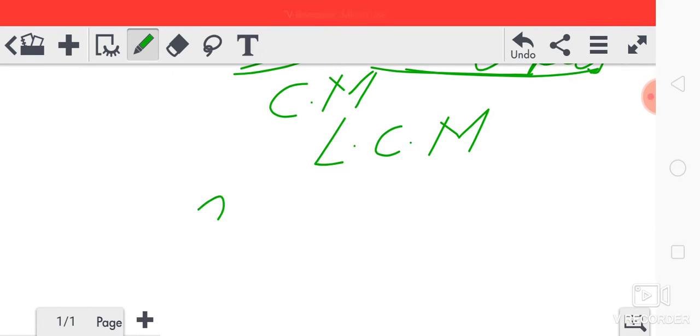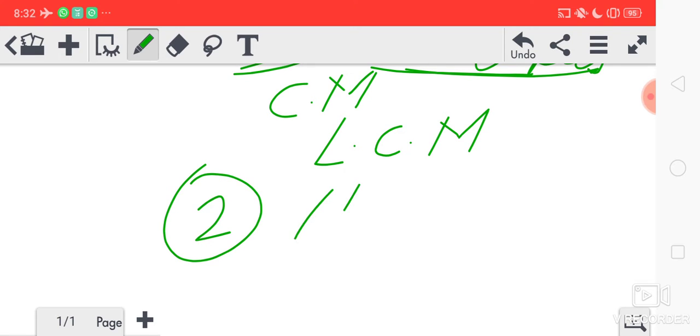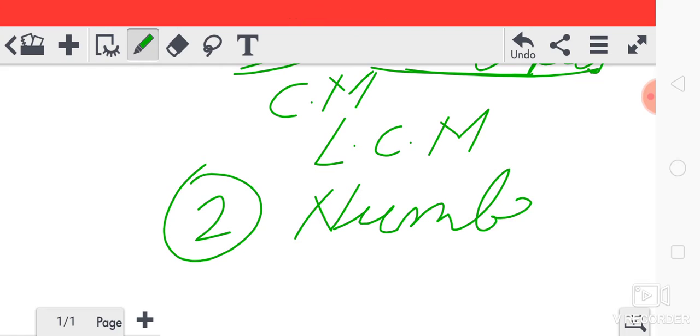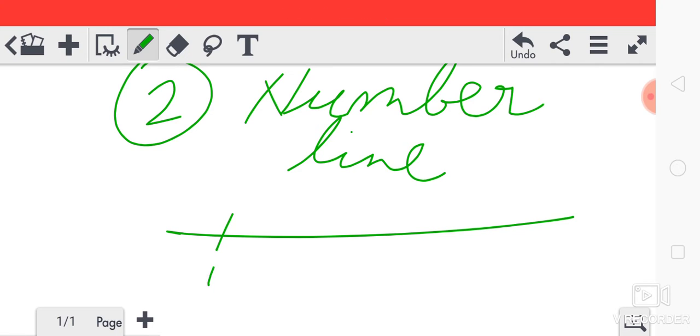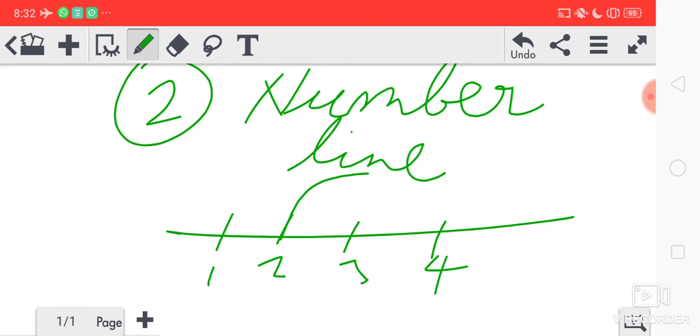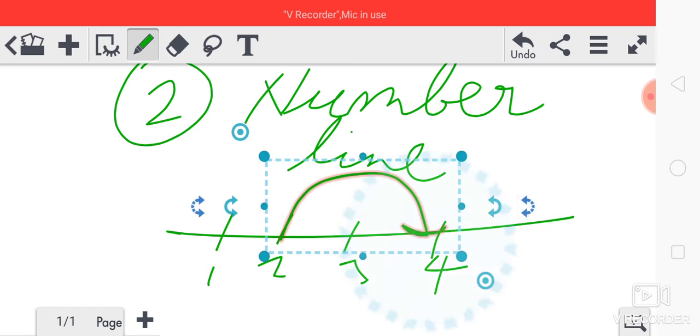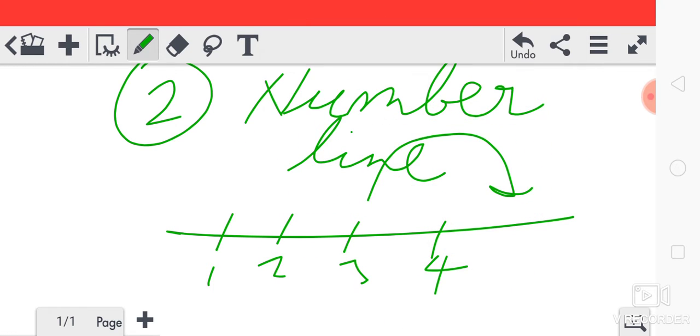Then the second method we have seen is to find the LCM of two numbers on the number line. On the number line we were drawing the numbers and writing them. Then we were doing according to the tables, 2 2s are 4, 2 3s are 6, like this.